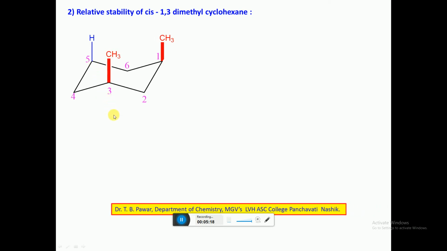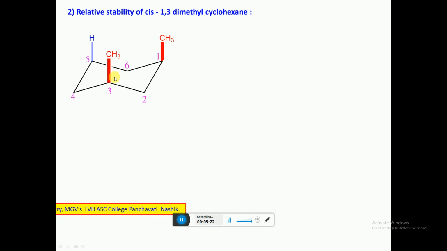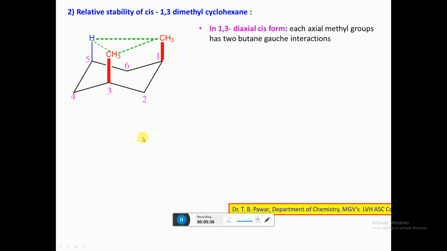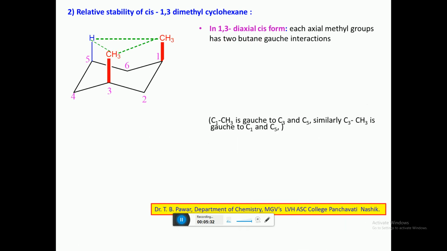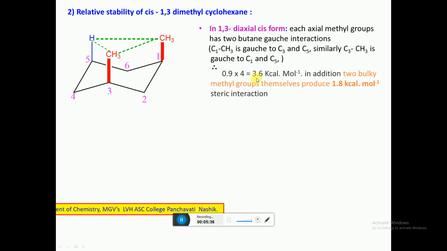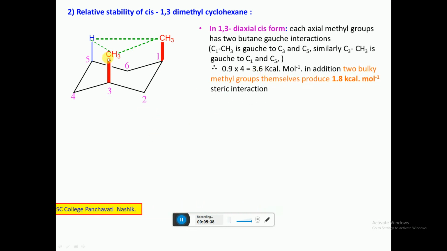So each axial methyl group has 2 gauche interactions or 2 1,3 diaxial interactions. Total becomes 4 gauche interactions or 4 diaxial interactions, and the energy of these 4 gauche interactions is 3.6 kilocalorie.